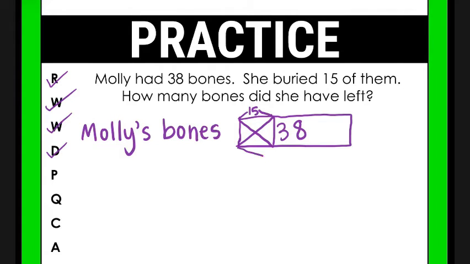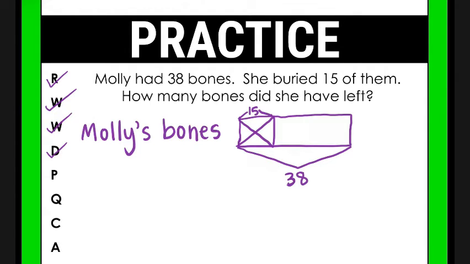But instead, I'm going to write my 38 down here because I know that's the total she had, not just what she had after she took some away. So I'm going to erase my 38 in here. And so now I know that my total that she had was 38, but she buried 15 of them.